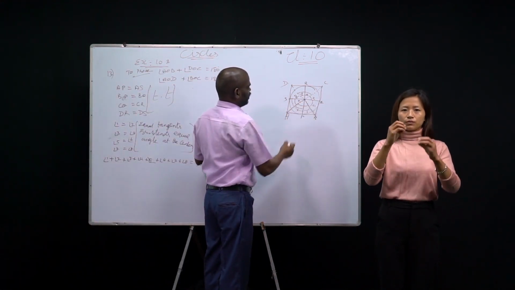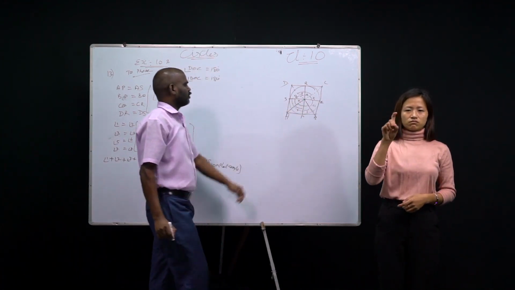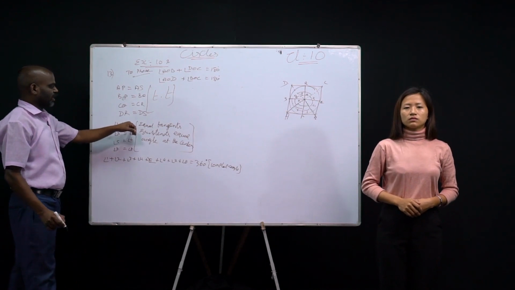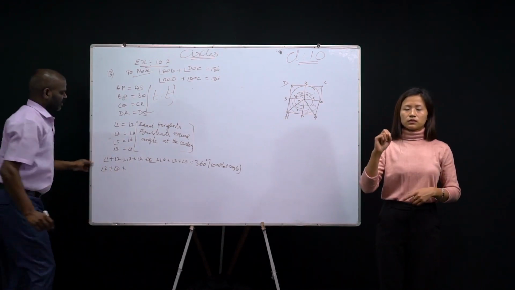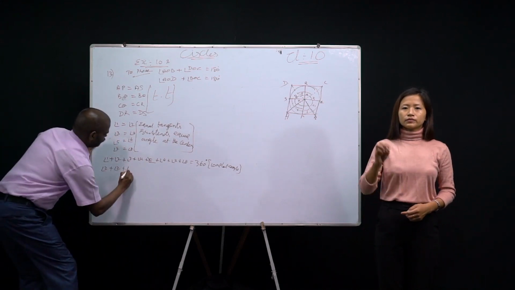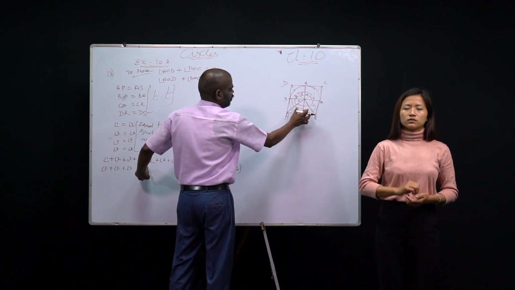First we are going to prove angle AOB, that is 2 and 3. That means 1 and 4 we don't need. So in place of 1 we can write 2. Angle 2 plus angle 3, in place of 4, because 4 we don't want, right? We want these two angles only.